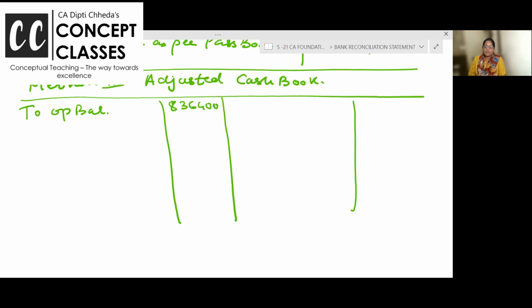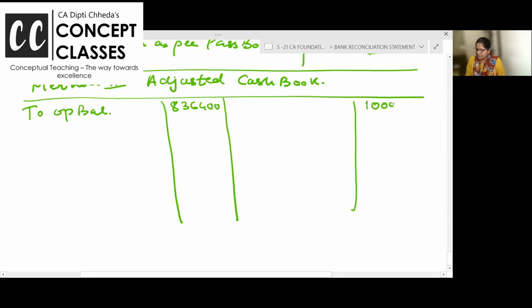Yeah, let us read it once again. एक एंट्री पढ़ लेते हैं फिर से. On 15 December, payment side of the cash book was undercast. Payment side of the cash book was undercast, तो वो तो ठीक करना पड़ेगा.